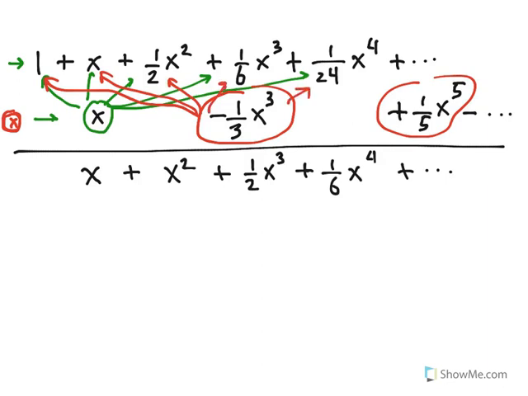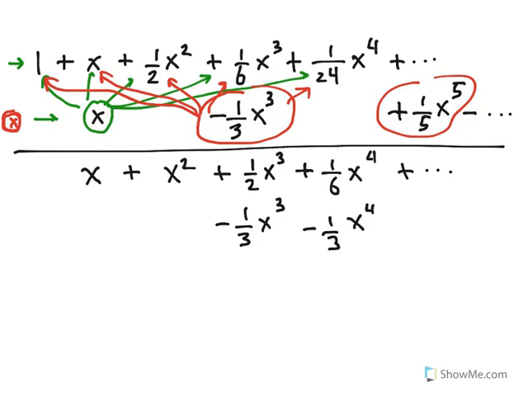And negative 1/3 x cubed times 1 is going to be negative 1/3 x cubed. And I'm going to write that in the column for third degree terms. And then I have negative 1/3 x cubed times x. That's going to be negative 1/3 x to the fourth power.